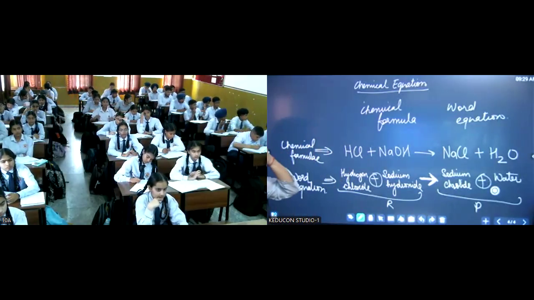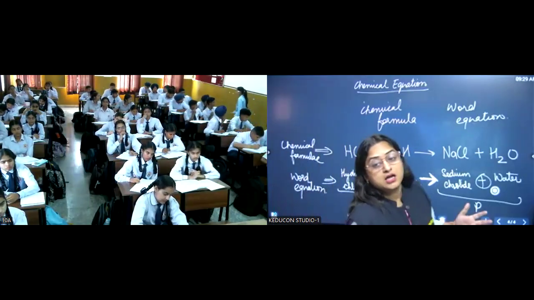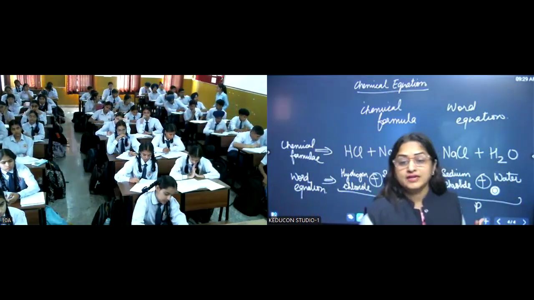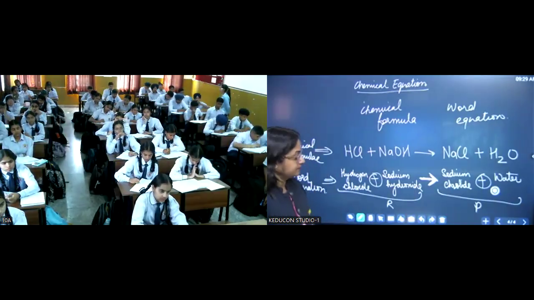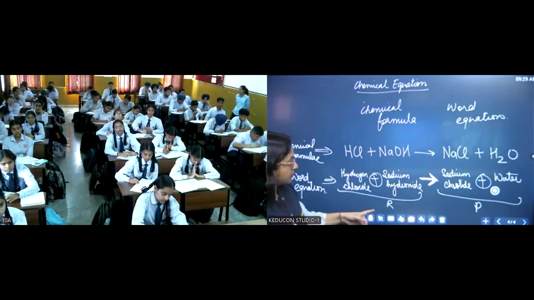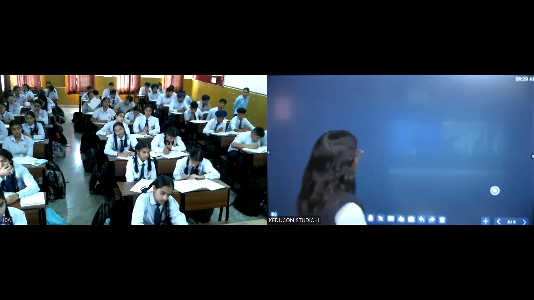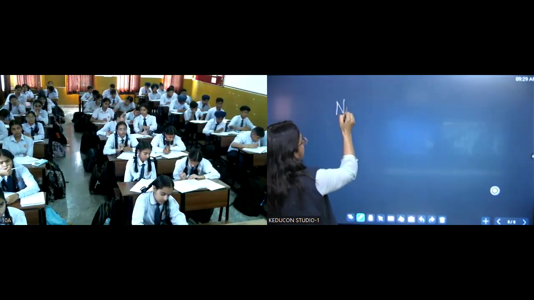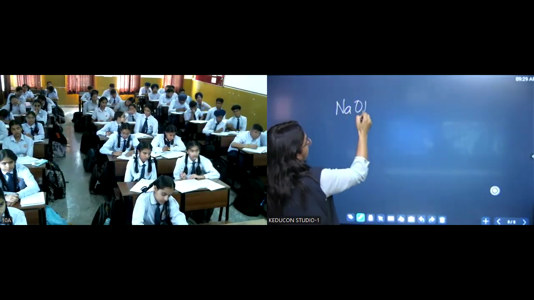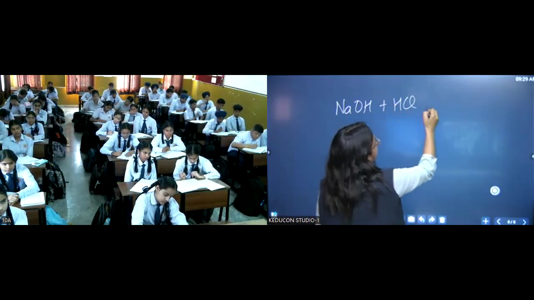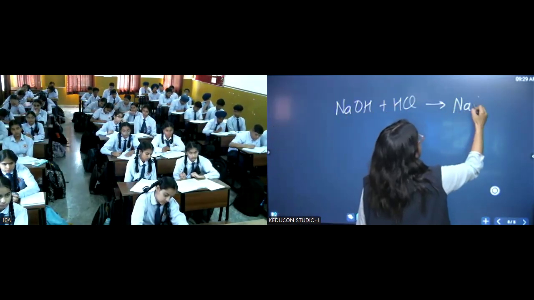How do you balance the equation? You need to check how many atoms of reactants and products are there in the reactant side and product side. Like you have this NaOH plus HCl, and this is giving you NaCl plus water.